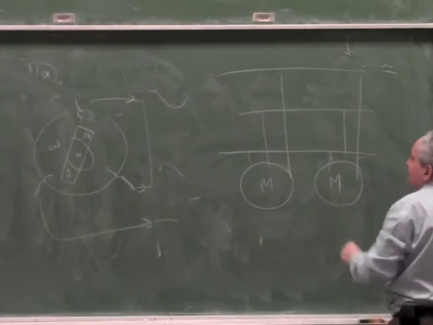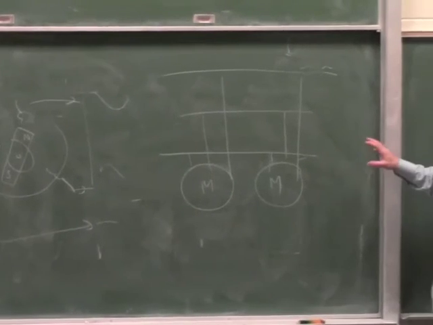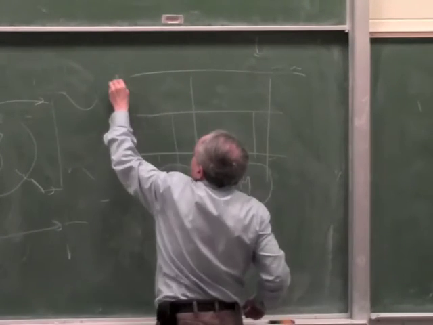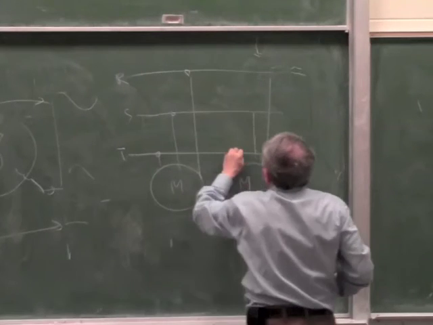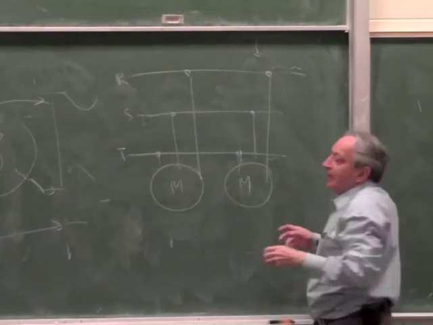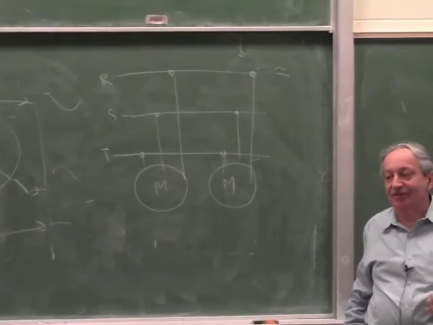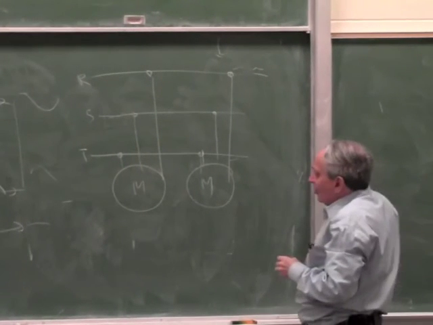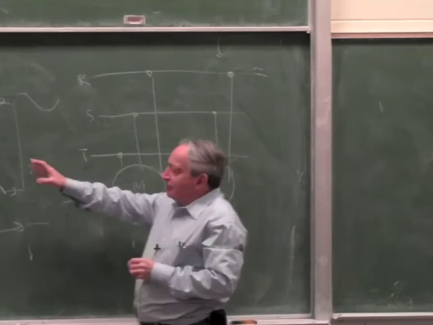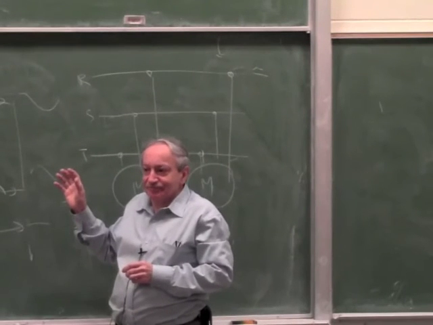Something interesting happens when it's running as a synchronous system. These are the three phases, R, S, T. You have many motors connected, like in industry, where the whole country is connected to the same grid. All these motors are locked to the three-phase grid and rotate in synchronism with it.